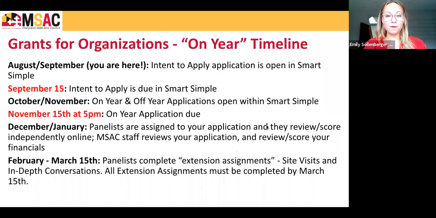Then as we move forward in February and March, the panelists complete what we call extension assignments. These are site visits and in-depth conversations that our panelists hold with our organization to get additional information and be advocates for you through the panel process. So all those extension assignments are completed by March 15th.